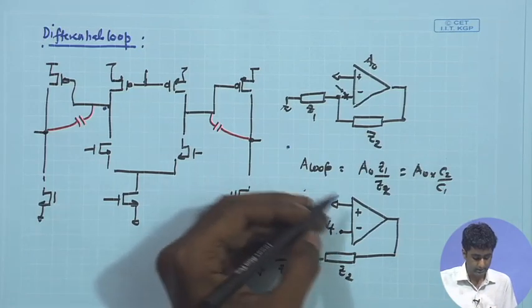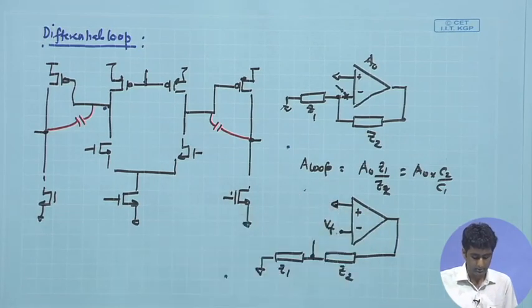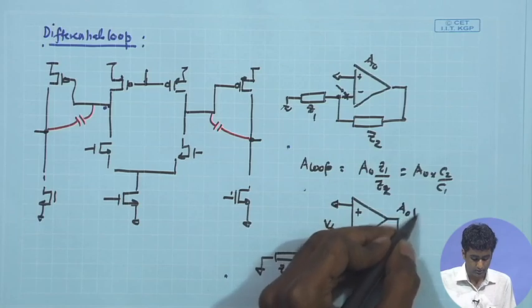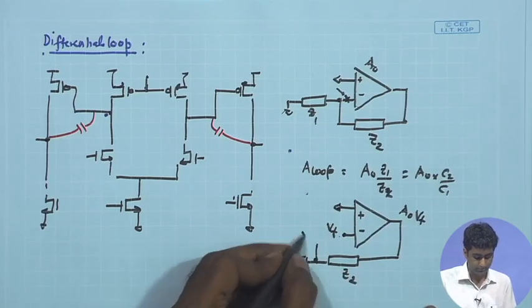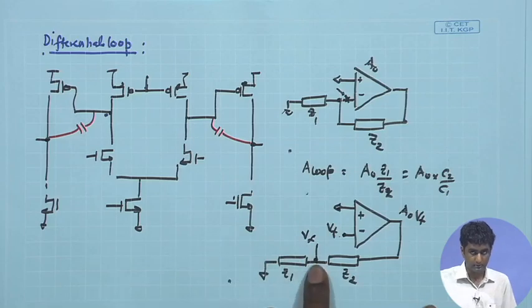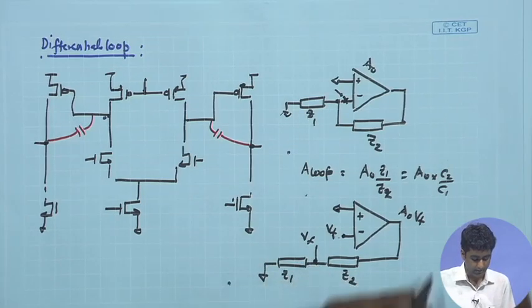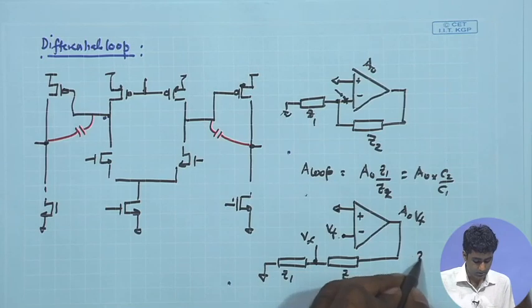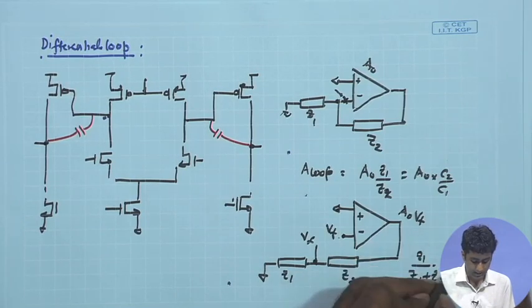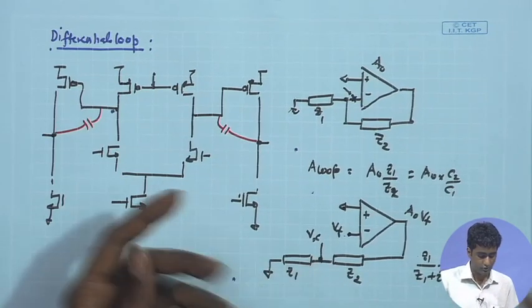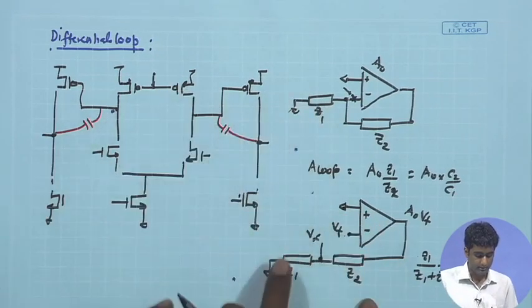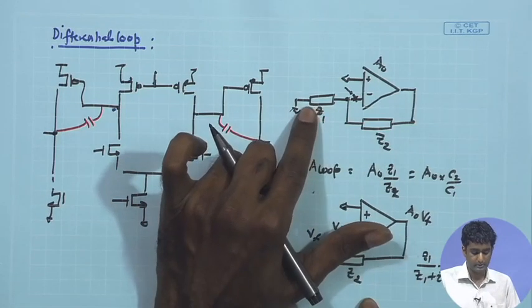So, here we can see that the other terminal is at AC ground, therefore, the output signal over here is going to be A times Vt, and here you are having the Vf. If you look at the signal coming over here after this divider, that is going to be Vf, which is Z1 upon Z1 plus Z2 times A naught times Vt. And also we know that in order to get large gain, we are having Z2 which is much larger than Z1.